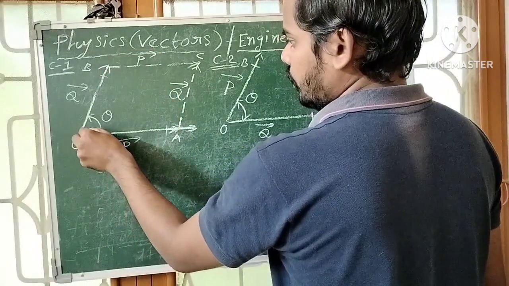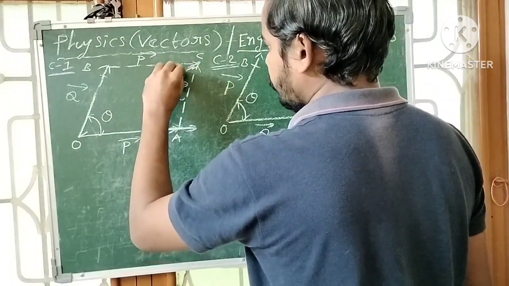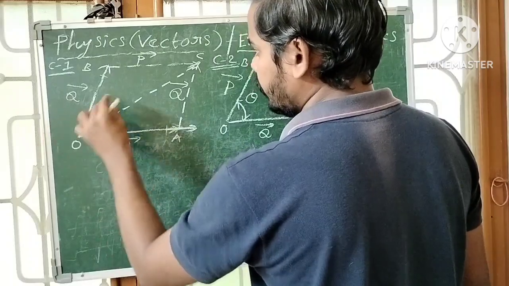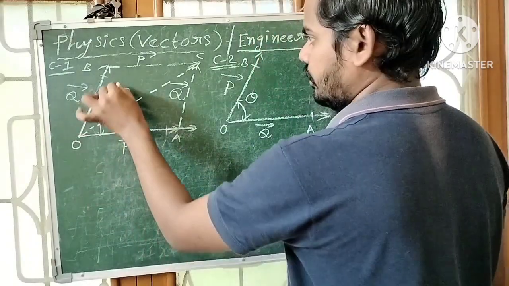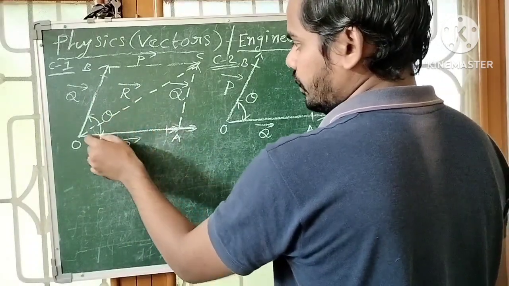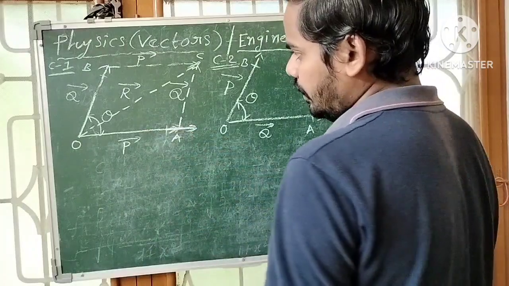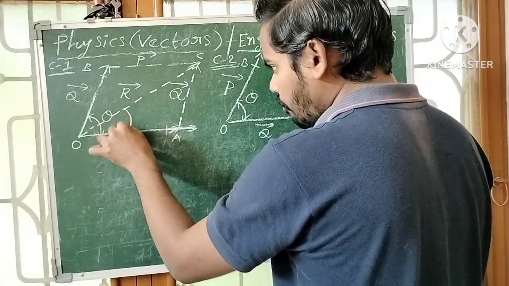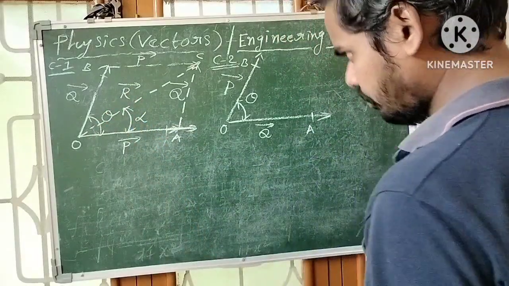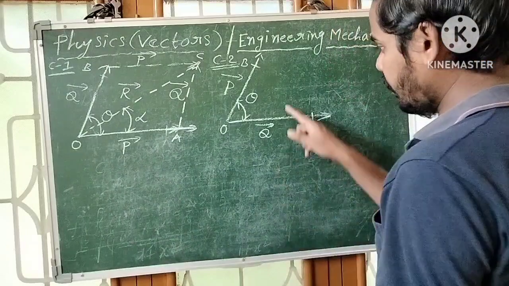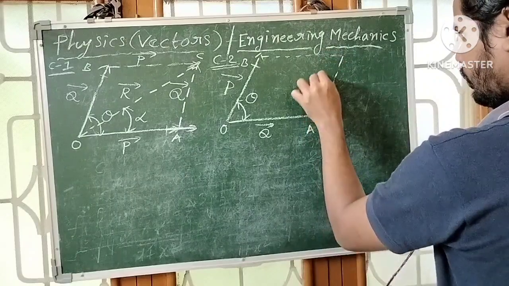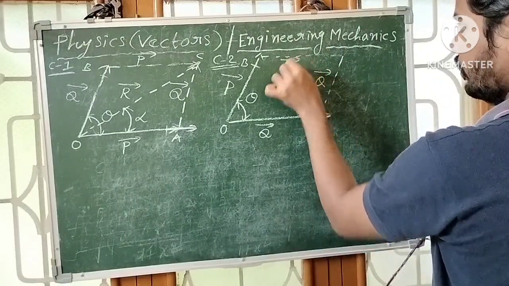So the diagonal represents, according to parallelogram law of forces or vectors, the resultant R bar. So here R is a resultant. Suppose let us consider a resultant makes an angle alpha with the line OA. Here same, construct a parallelogram. So this is Q bar and this is P bar.